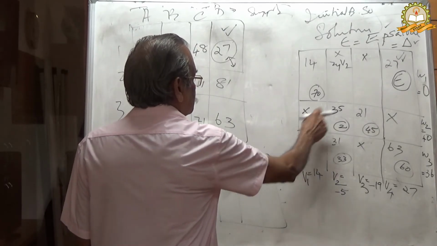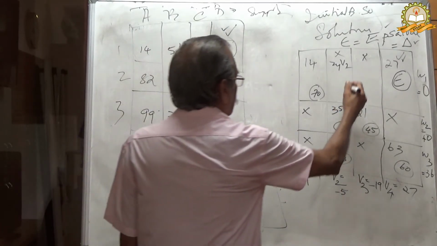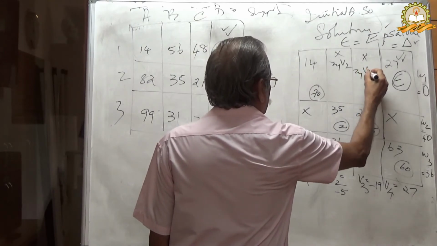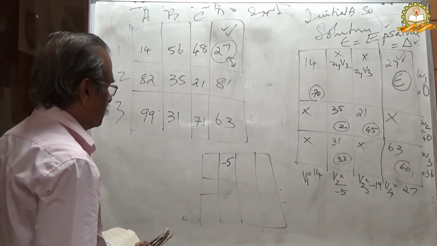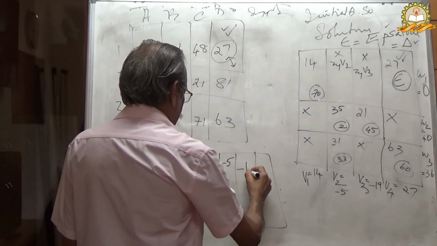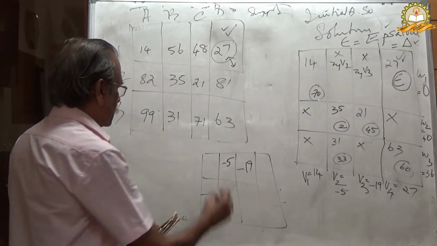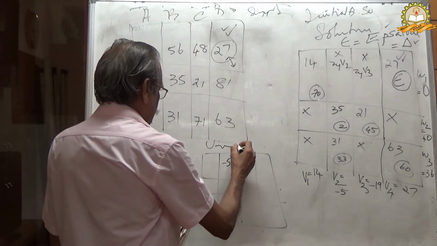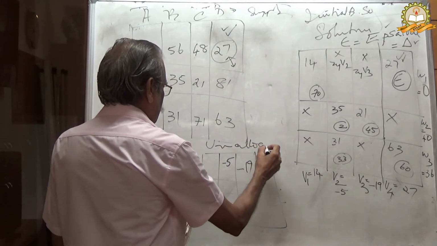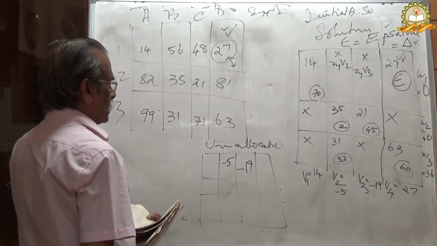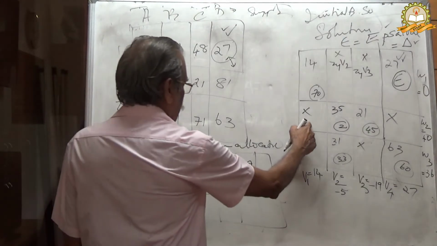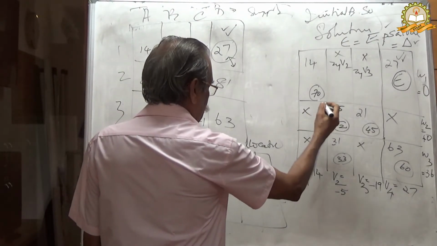Then this is U1 V3. U1 V3 minus 19, unallocated, equal to 19. Then this one U2 V1.